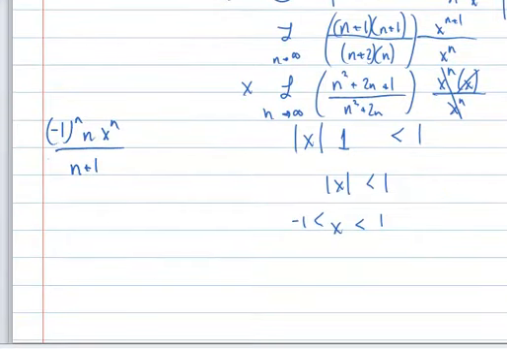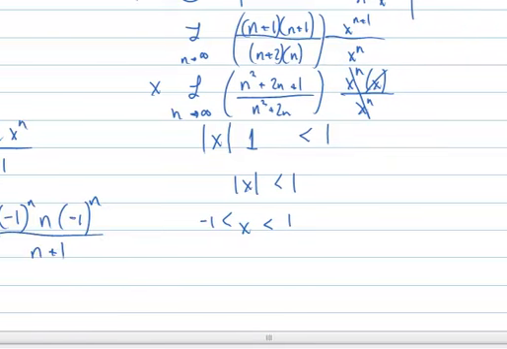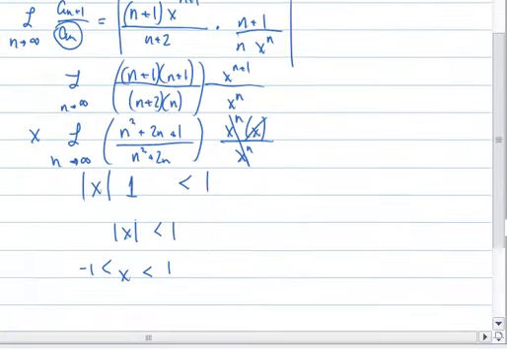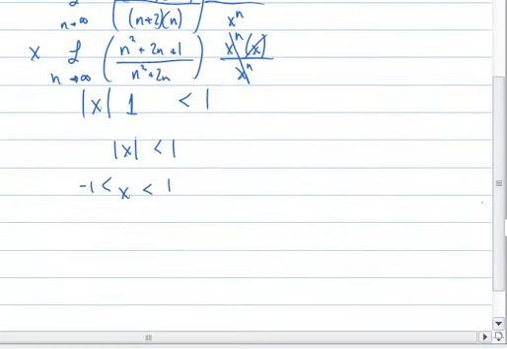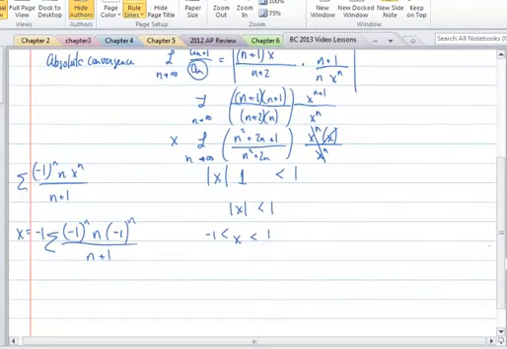I'm going to plug in my left endpoint, x equals -1, so I'll have -1 to the n times -1 to the n power all over n plus 1, summed from 1 to infinity.